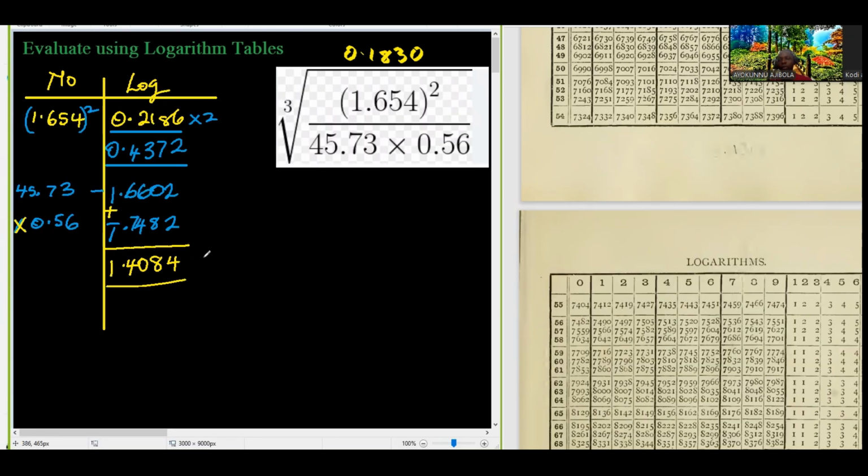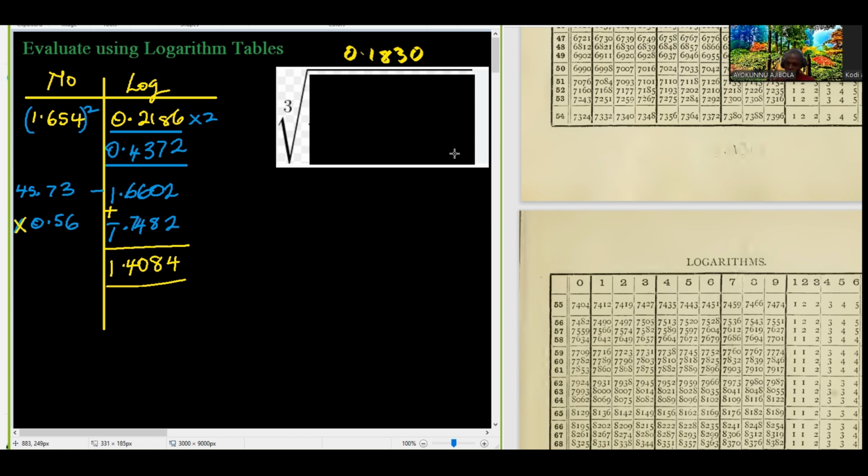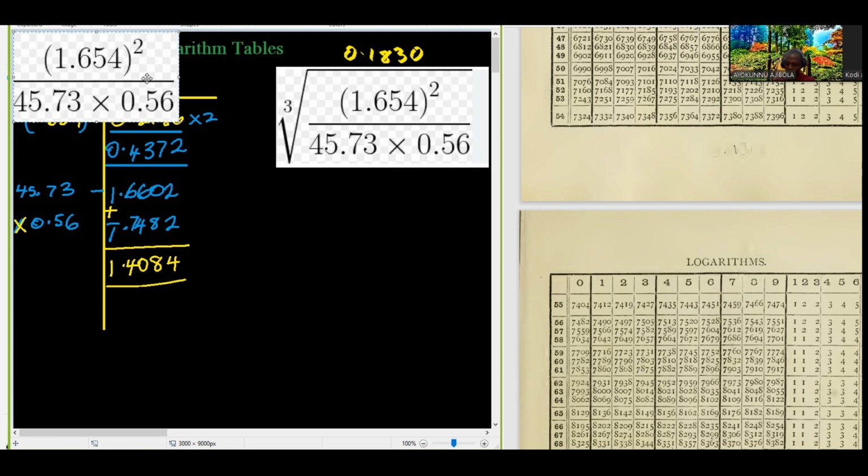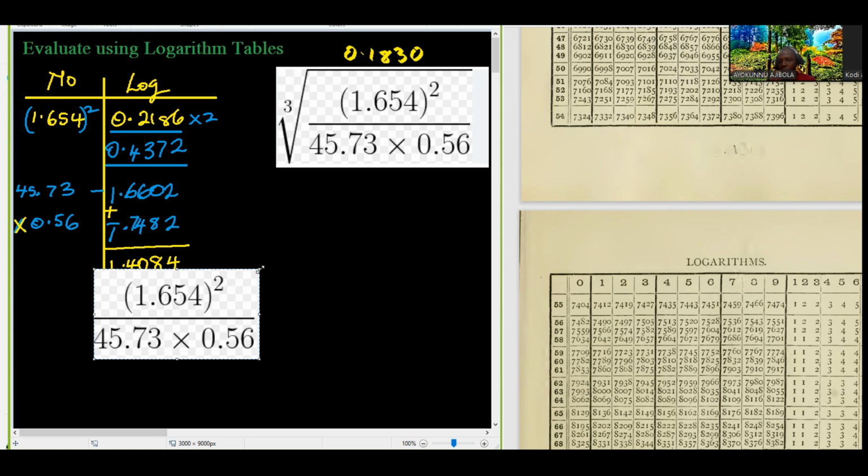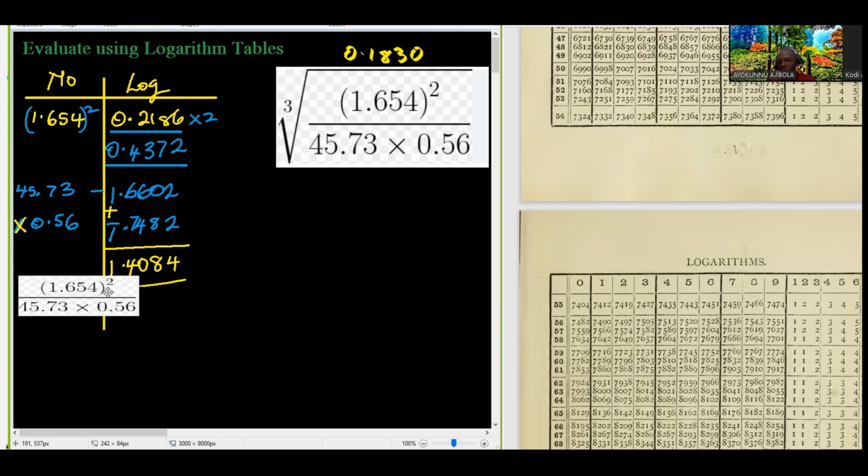So I'm also through with the denominator. Now to combine both numerator and denominator in terms of dividing them. So this is what I have here. So this is the next step that I want to carry out.